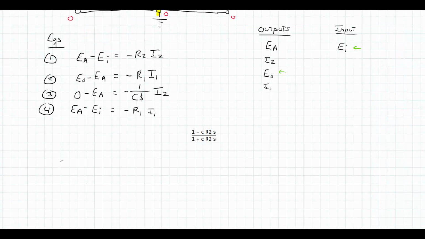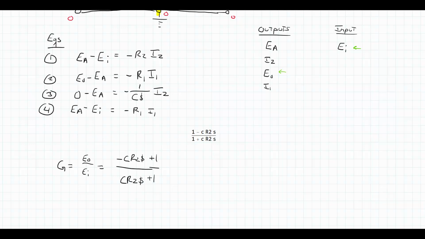Take this, I have my G is E out over EI equals, now from what I have in Mathematica, I have a negative CR2S plus 1, and I have a positive CR2S plus 1. So it actually turned out all the R1s canceled out for this one.